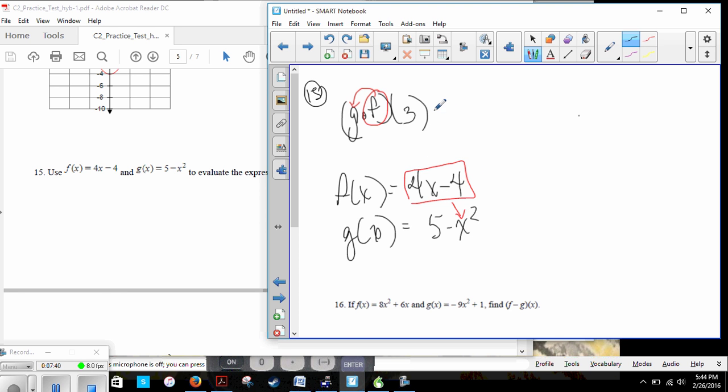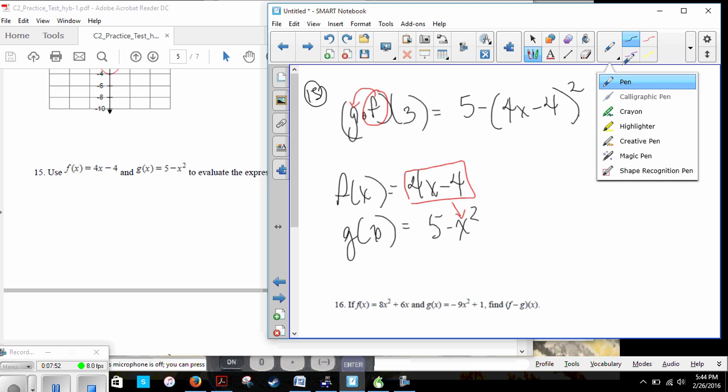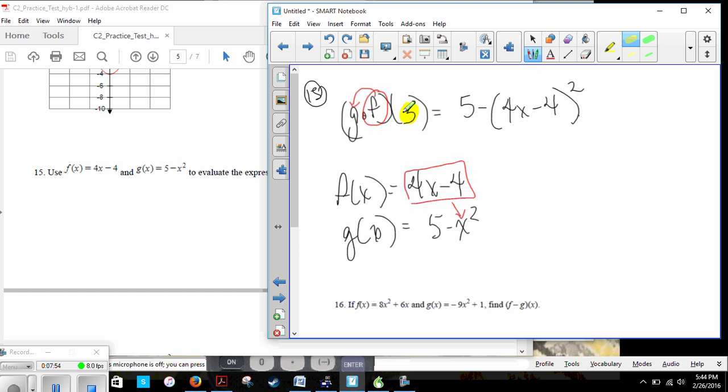So the first thing I'm going to do here is say 5 minus, and now instead of x squared, it's going to be 4x minus 4, that quantity squared. But also this time, I have a 3 in here, not an x.